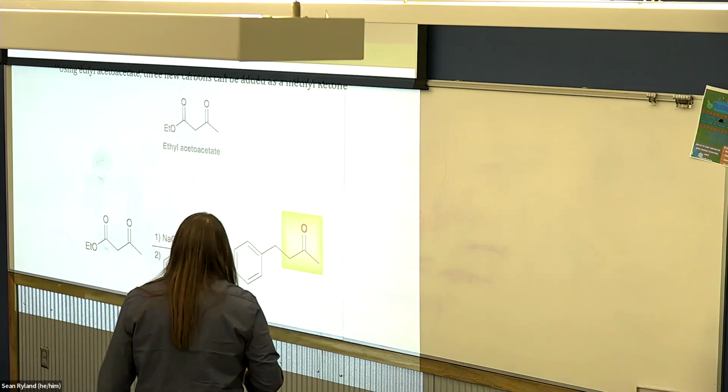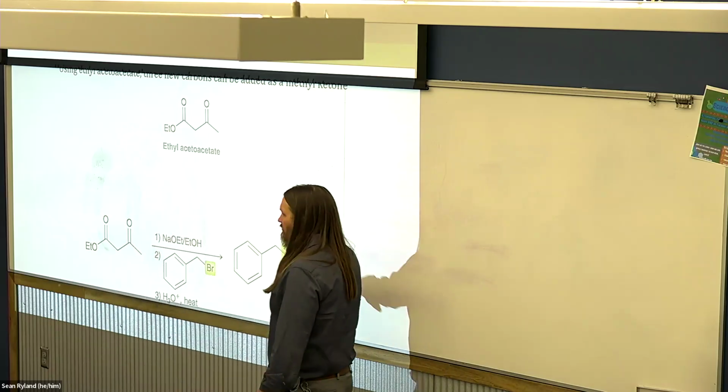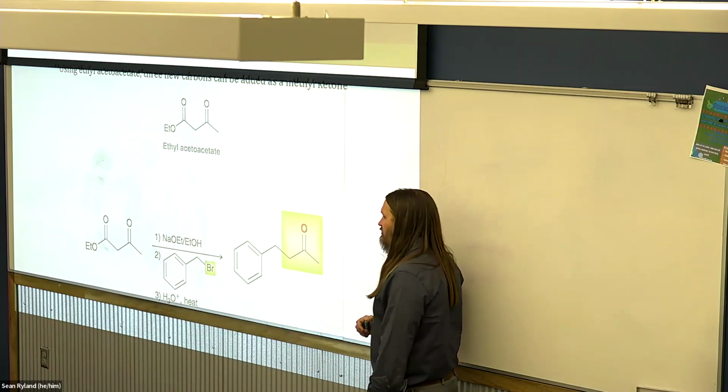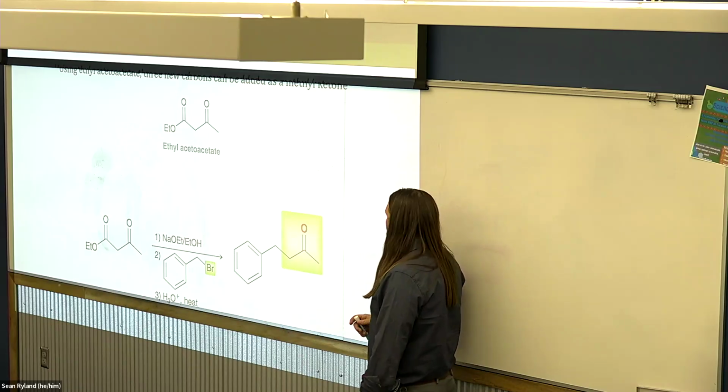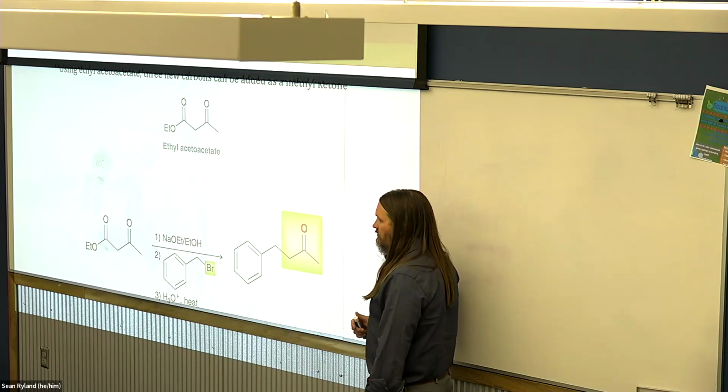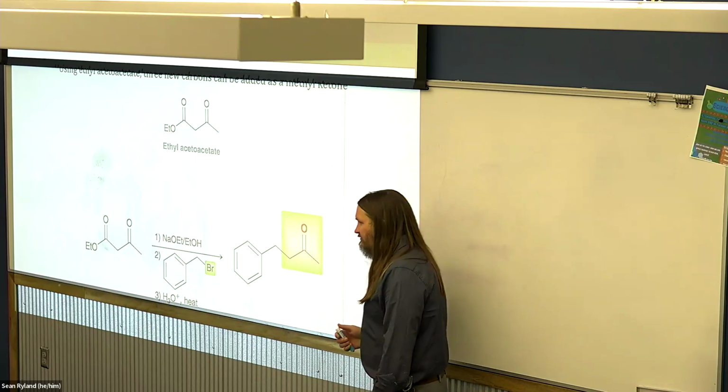Which then has its own benefits, because we know that working with a ketone, there's a lot of stuff we can do to either remove that oxygen or convert it to a different functional group.